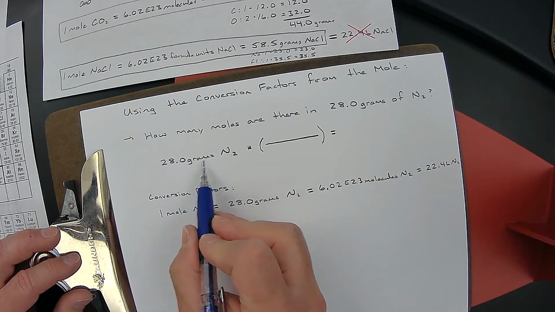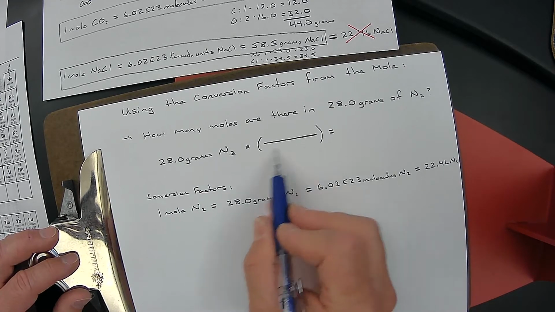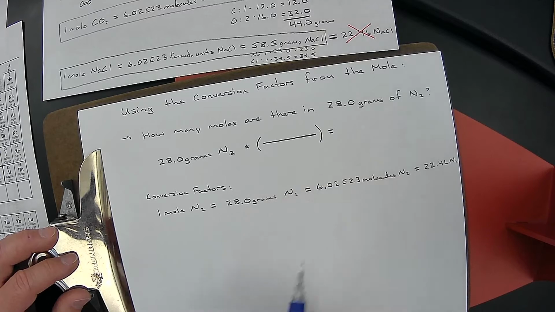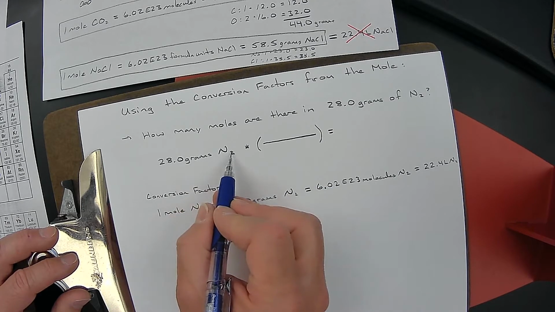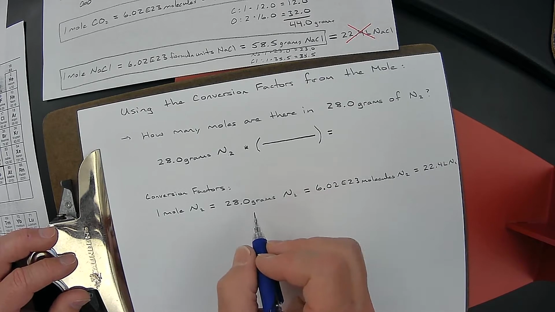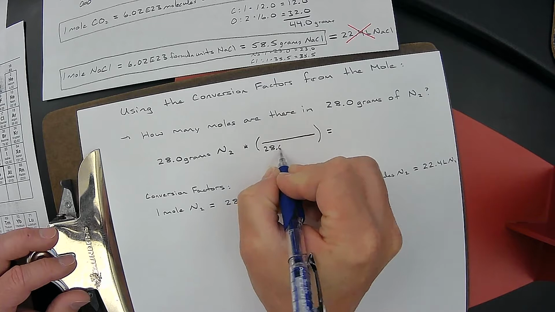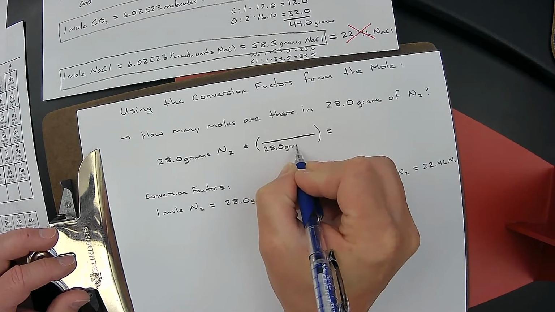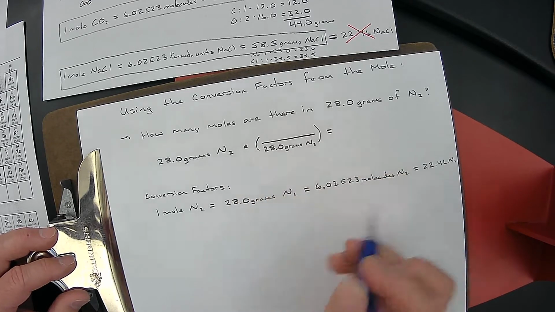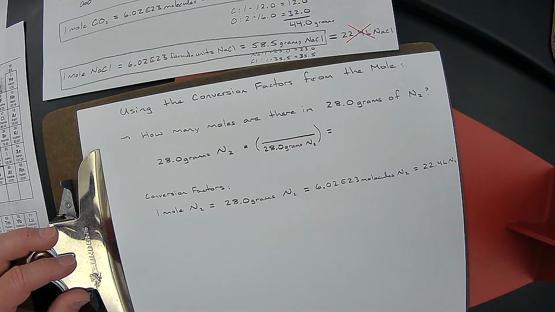So if we had molecules of N2, I would choose this to go to the bottom because it would match. So in this case, because it says grams of N2, I'm going to put whatever piece this is into the bottom. So I'm going to put 28.0 grams of N2. Now, it's a coincidence that the 28 and the 28 match in this case.